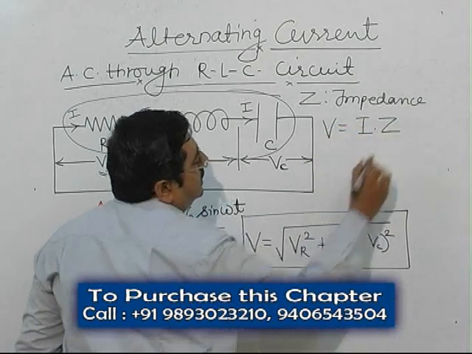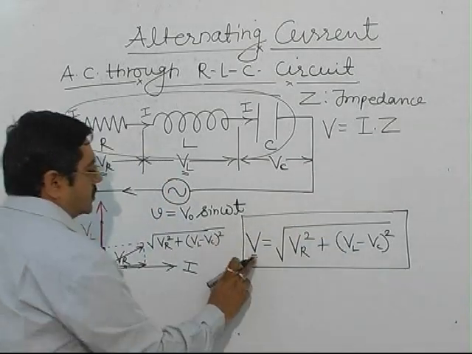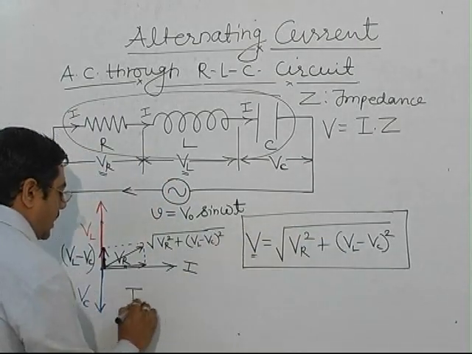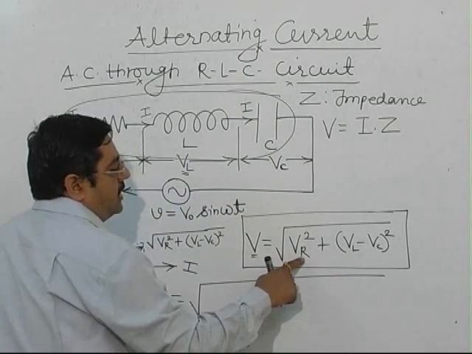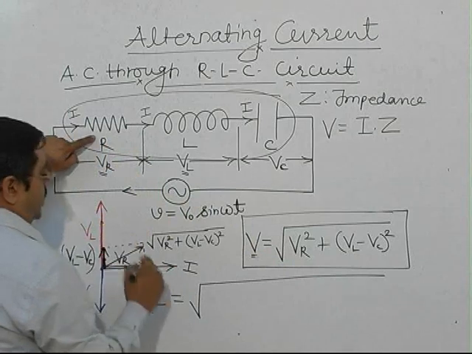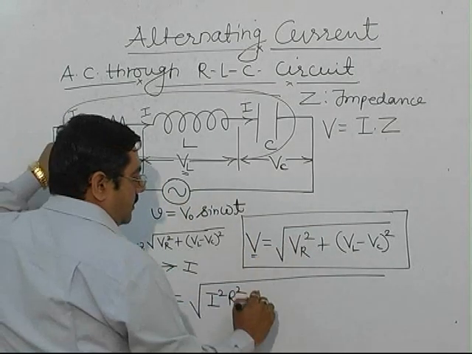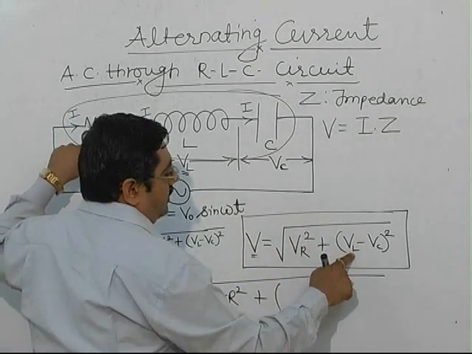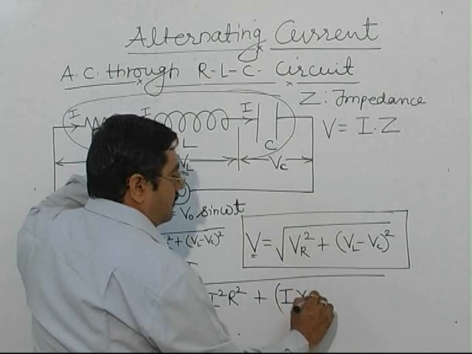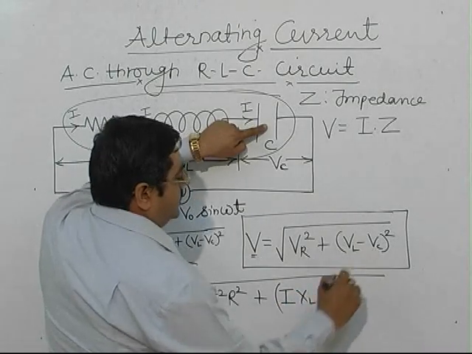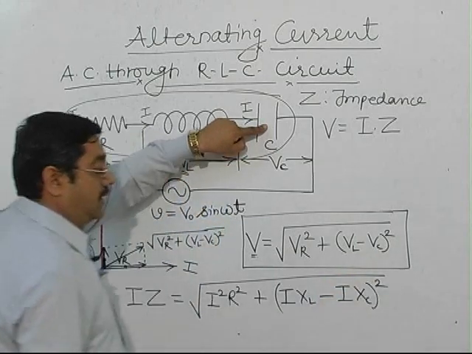I into Z. Applied voltage, RMS value, is current into Z. So V can be written as I into Z is equal to under root of VR, Ohm's law, I into R is I square R square, plus VL, VL is I into XL, minus VC, VC is I into XC, the whole square.